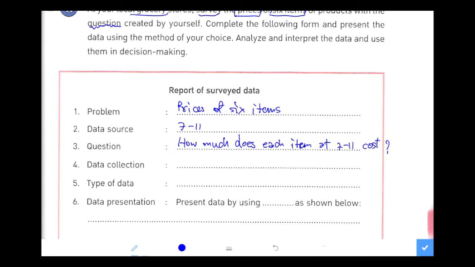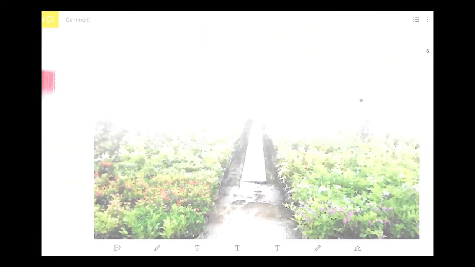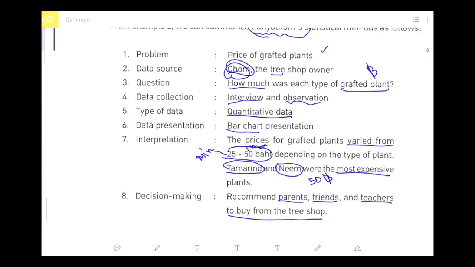But you go for 6 items. Then you can just go back and look at Jom's example.